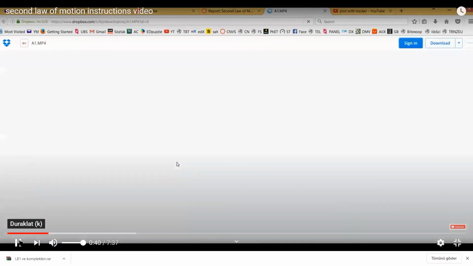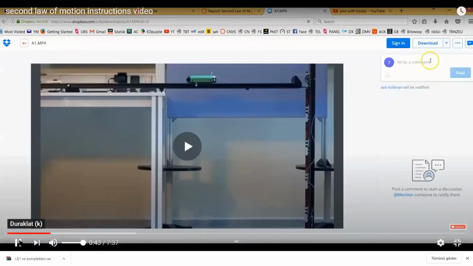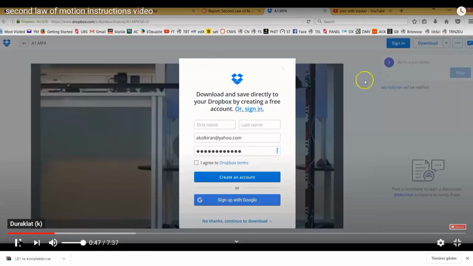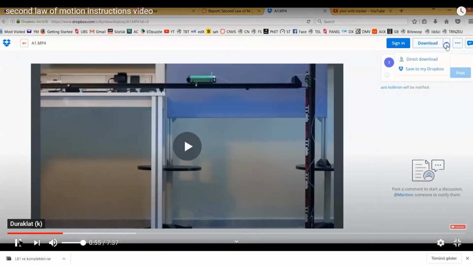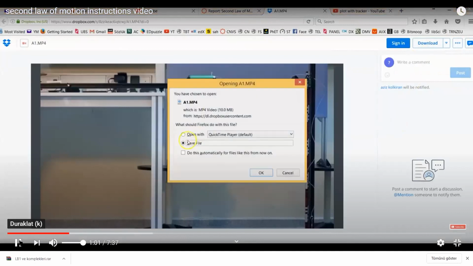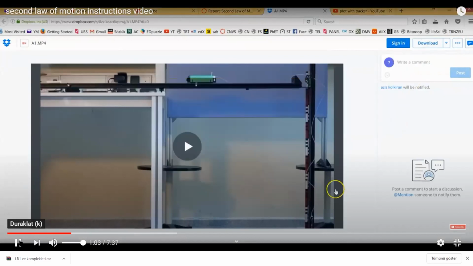When we click on the video link named A1 in the first column in Table 1, a page opens. You can save the related video to your Dropbox or download it to your computer on this page.